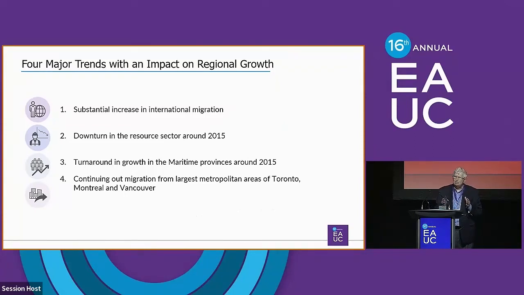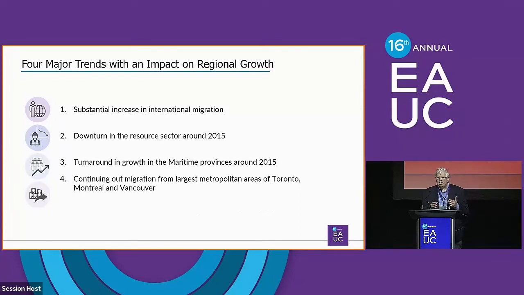Then there was the downturn in the resource sector that had a real impact on Alberta, Saskatchewan, and Newfoundland and Labrador. Then there was, somewhat of a surprise to many, a turnaround in the maritime provinces. For many years, the maritime provinces had not really grown, had been declining in some periods, but they started to pick up growth in and around 2015.